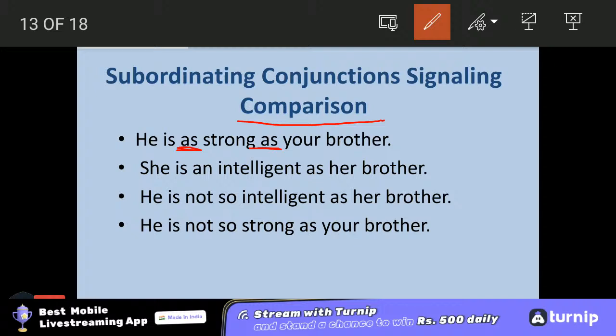She is as intelligent as her brother, वो भी अपने भाई से कम इंटेलिजेंट नहीं है. He is not so intelligent as her brother, वो इतनी इंटेलिजेंट नहीं है जितना उसका भाई है. He is not so strong as your brother. So again, so as. So the words so and as are used in case of comparison, when we are comparing two things with one another.